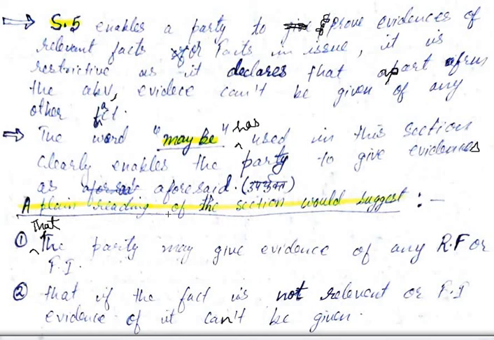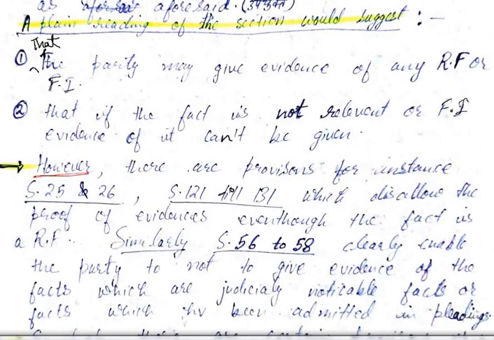A plain reading of the section would suggest, number 1, that the party may give evidence of any relevant fact or fact in issue. Number 2, that if the fact is not relevant or fact is not a fact in issue, then evidence of it cannot be given.